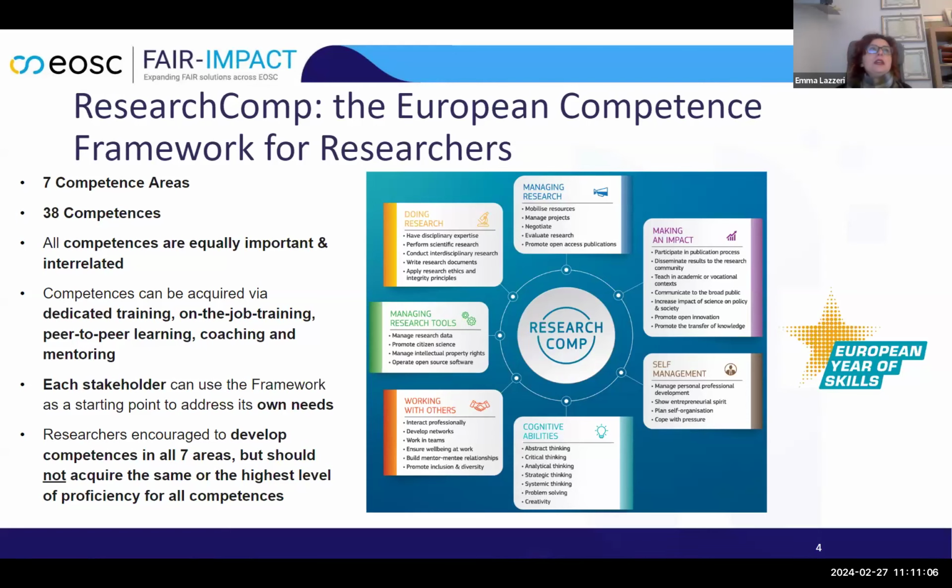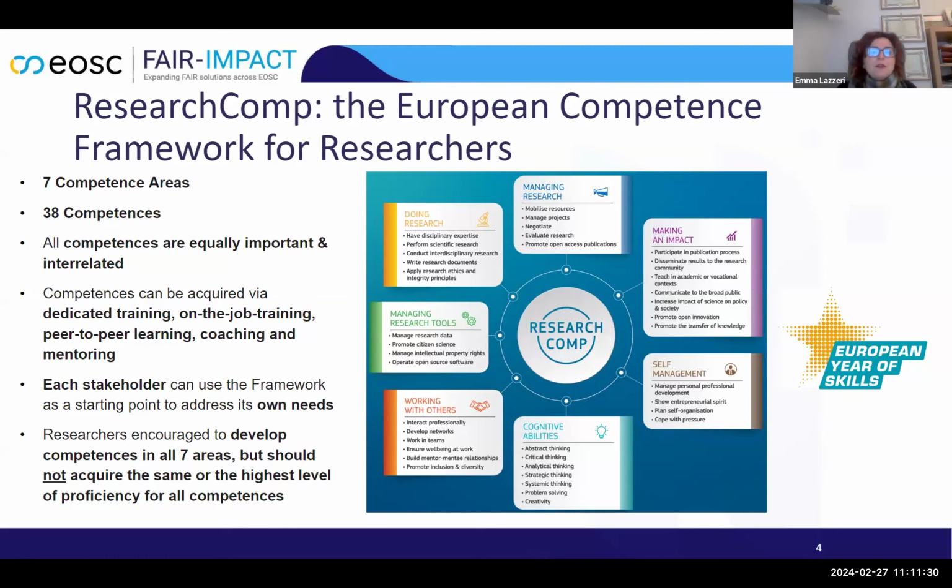It includes 7 competence areas and a total of 38 competencies.